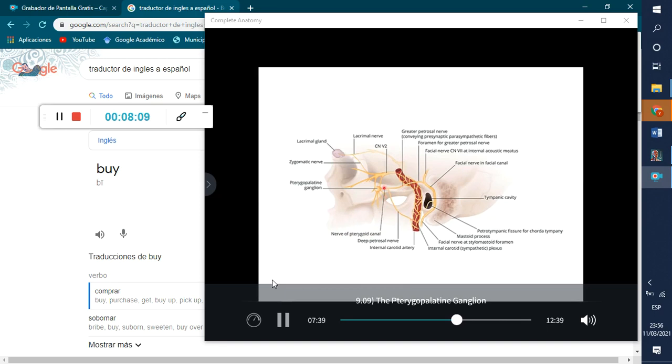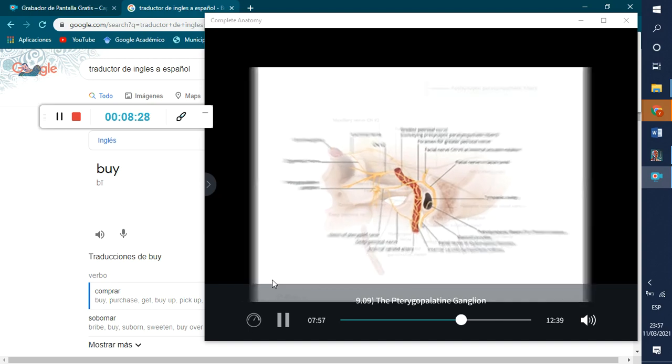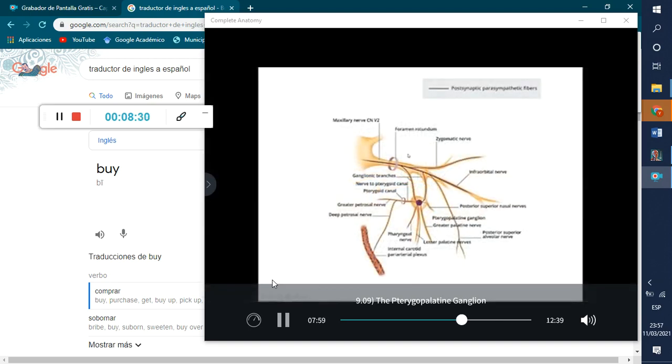Here, the sympathetic fibers pass through, and parasympathetic fibers synapse in here, then get relayed via several different branches, including the zygomatic nerve and the lacrimal nerve, and, for instance, go to the lacrimal gland here. Now we can have a look at this diagram. This one will focus on the parasympathetic fibers. So we have our maxillary nerve that has general sensory fibers, and we have the greater petrosal nerve with presynaptic parasympathetic fibers.